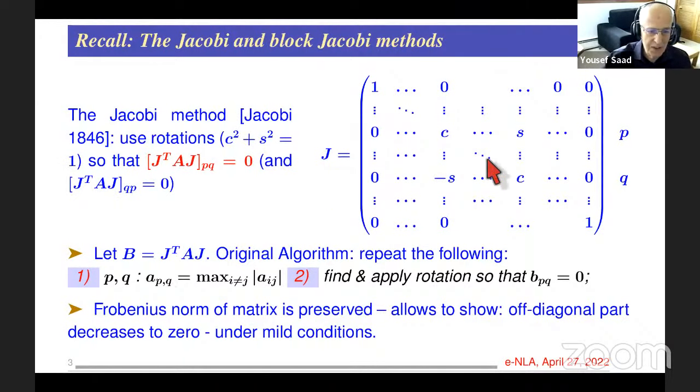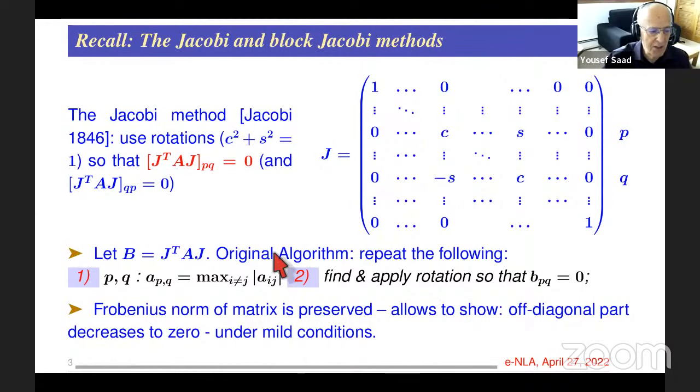The method is very simple. You use rotation matrices like these. If you call B the new matrix obtained after you do the rotation, then you select P and Q so that you have the largest entry in A, and you find the rotation that ensures that B_PQ is 0, and you apply it.